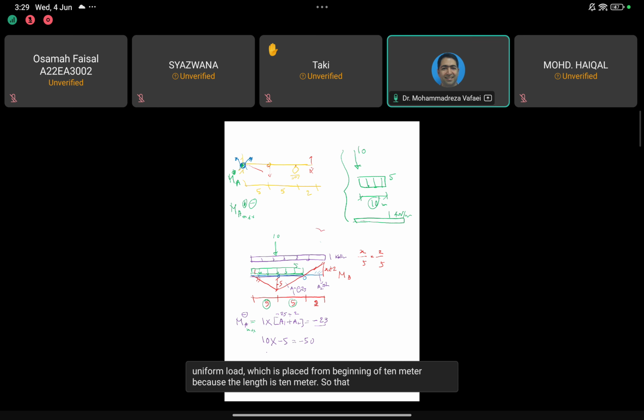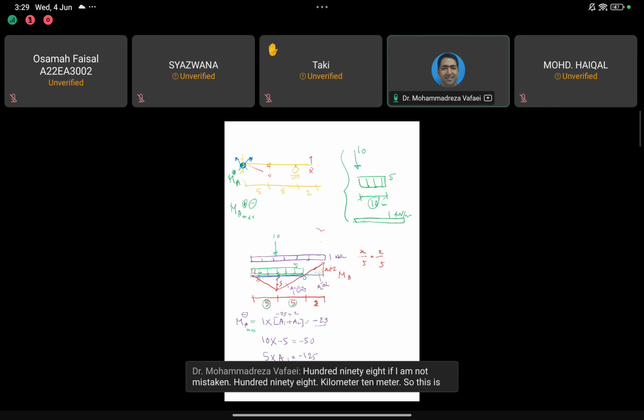So that one is going to be 5 multiplied by the area, which is A1, 5 multiplied by negative 25, negative 125. So if you sum up all, the total MA is 198, if I'm not mistaken, 198 kilonewton meter.